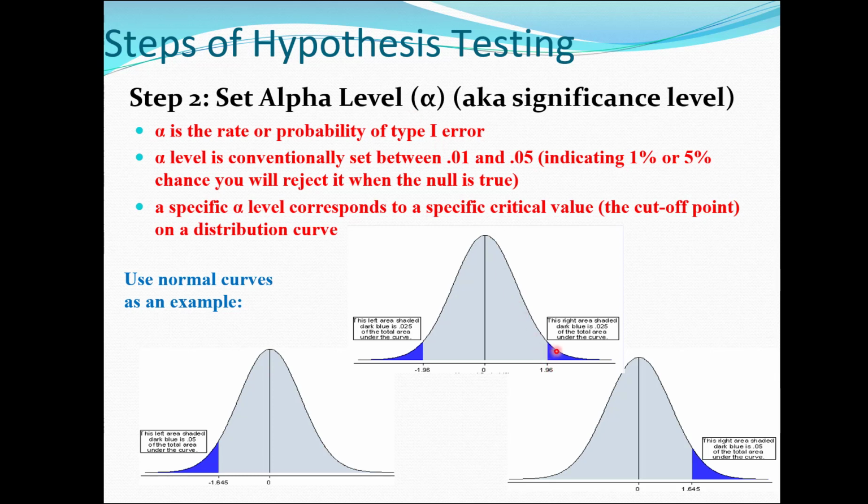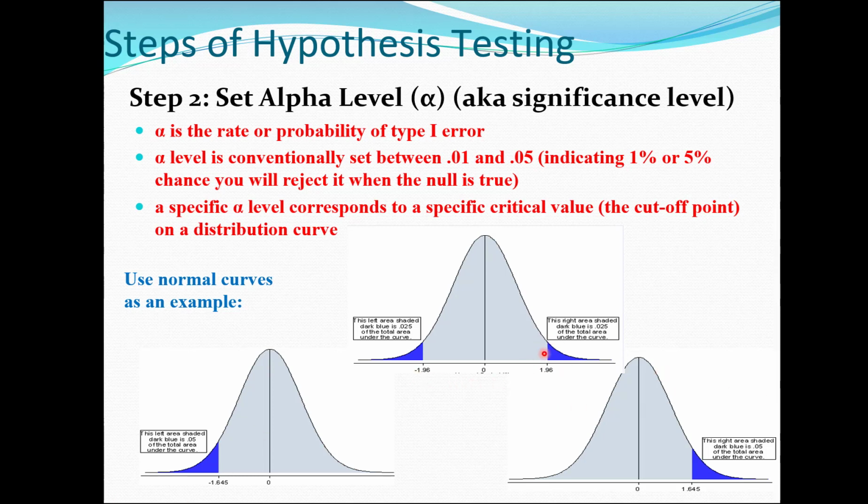Each of these blue shaded areas, which is alpha, will have a corresponding critical value. So again, it's exactly like a p-value has a corresponding test statistic. Our alpha will have a corresponding critical value.